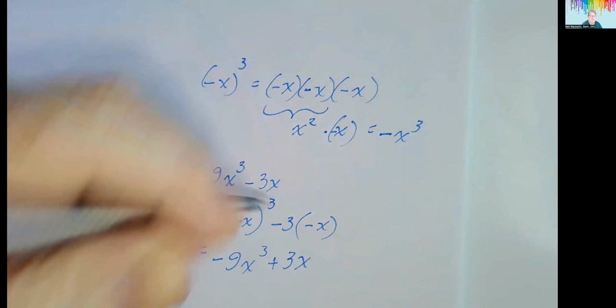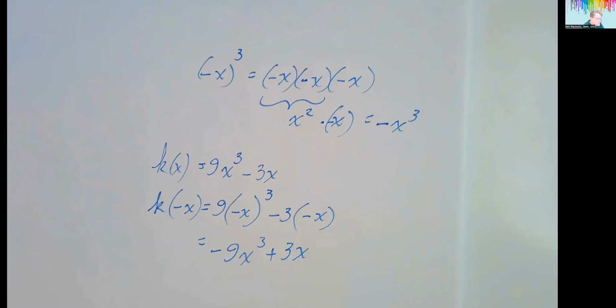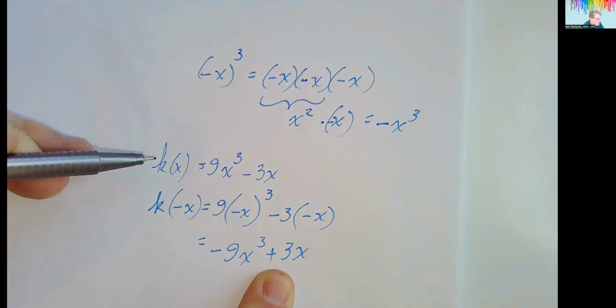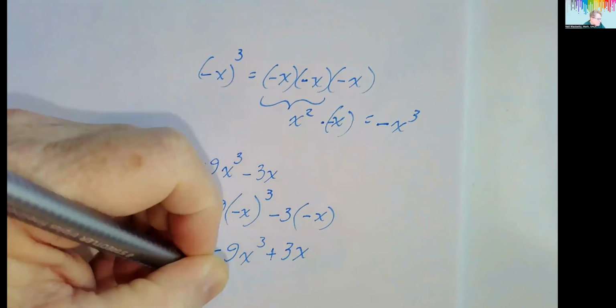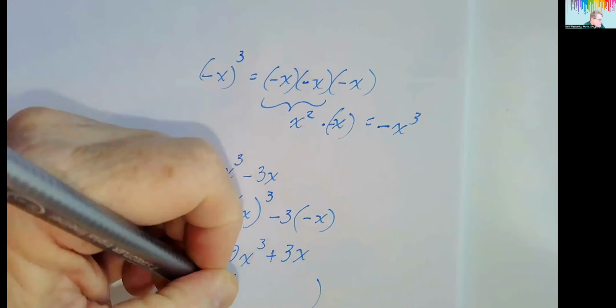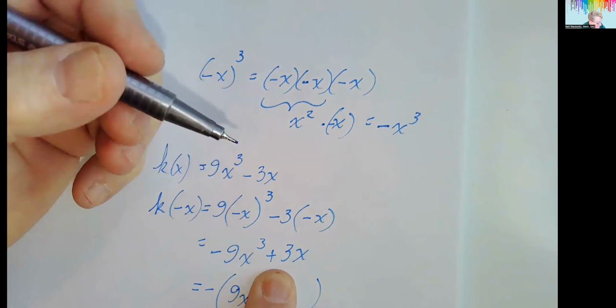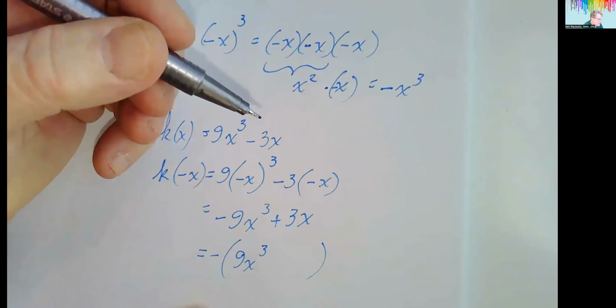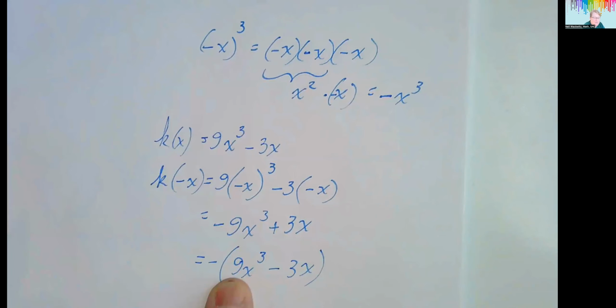But what we're going to do is go ahead and see, does this function match our original? Definitely isn't the same. Let's factor out a negative and see if the remaining parts match. So negative 9 divided by negative 1 is positive 9x cubed. Positive 3 divided by negative 1 is negative 3x. Now, is this remainder the same as our original? Sure is.